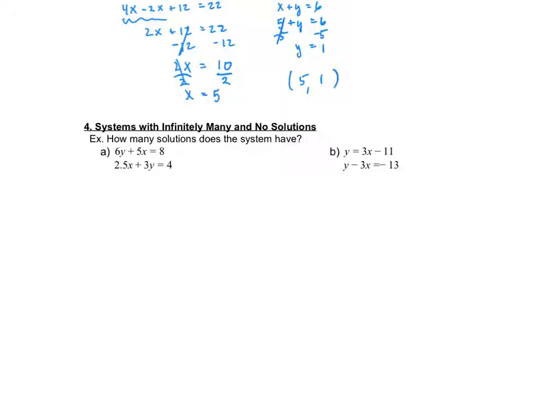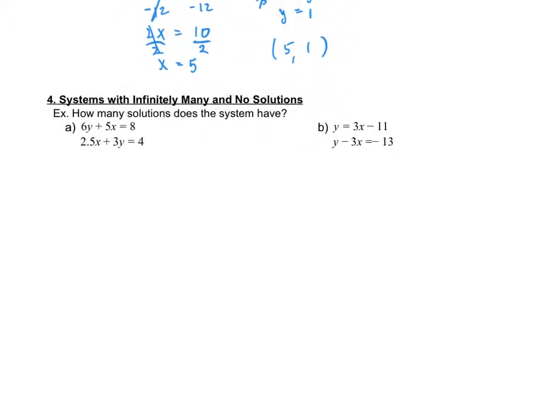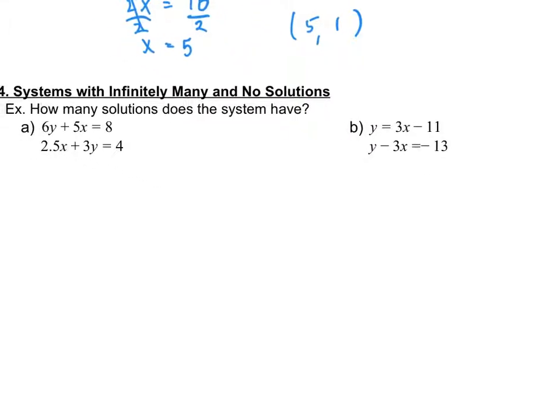So if I solve these, I'm going to do B first because that seems to be the easiest problem here. I have y already isolated by itself, so I can just do some substitution. I'm going to plug in the value of y for this thing right here, and that's going to give me 3x minus 11 minus 3x equals negative 13.